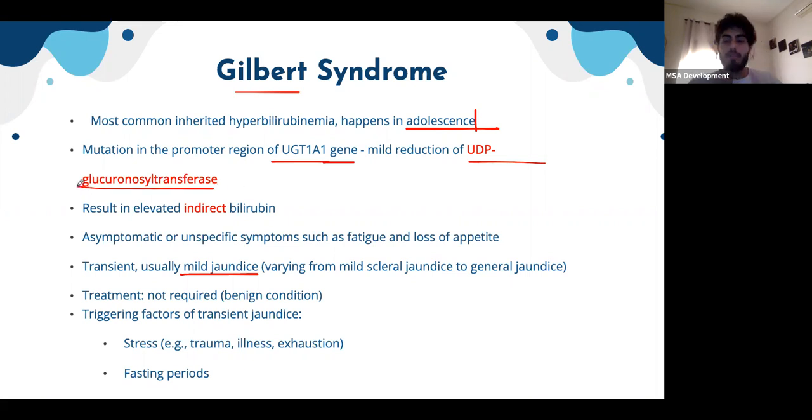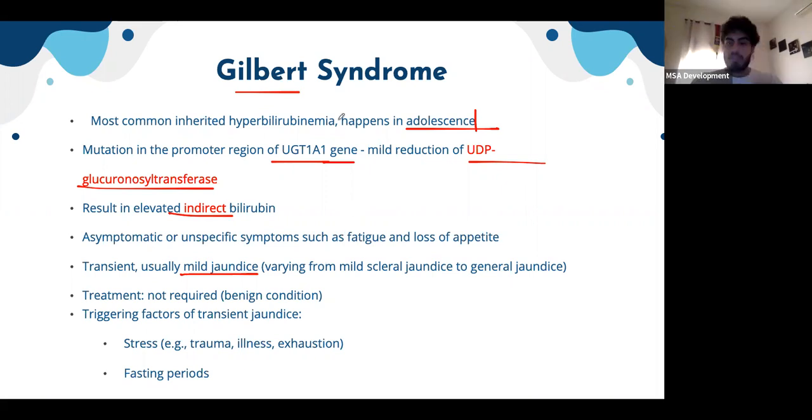So both Gilbert and Crigler have deficiency in the same enzyme. In Crigler, it's very low or absent. Here, it's a mild reduction of the enzyme. This results again in elevated indirect, or unconjugated, bilirubin. Patients present with no symptoms or unspecific symptoms such as fatigue.